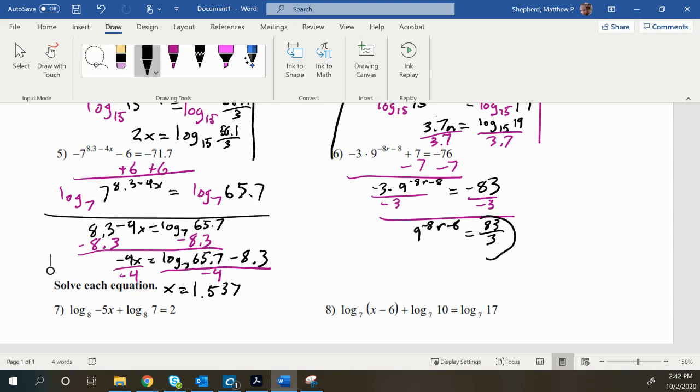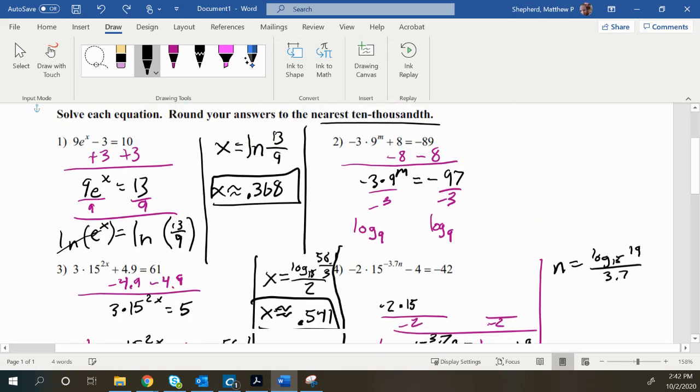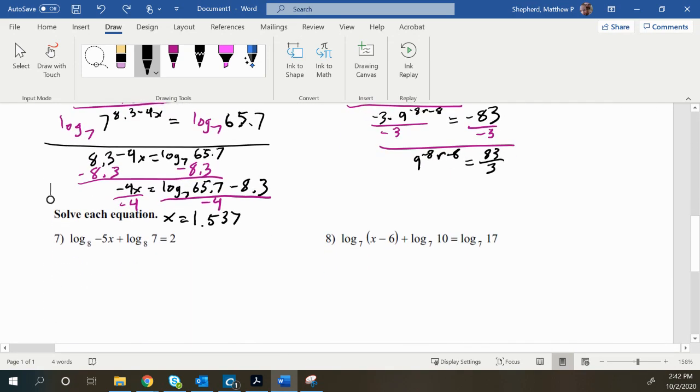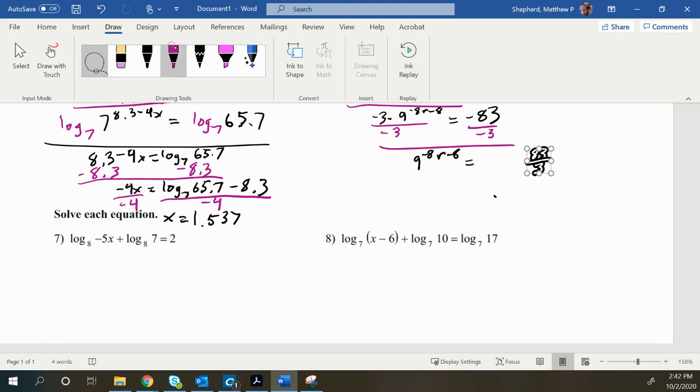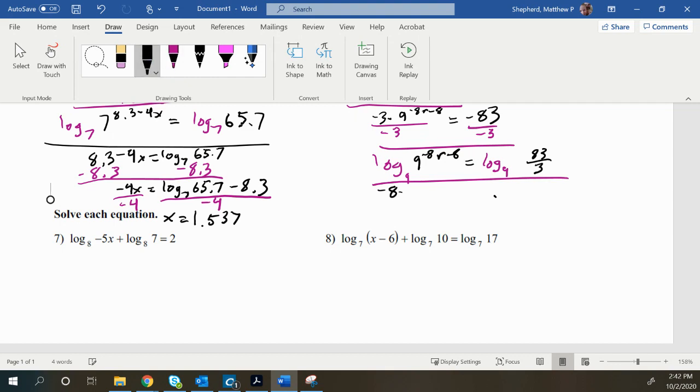So now we're ready to use log. So log of base 9, log of base 9. So -8r minus 8 is equal to log base 9 of 83/3.